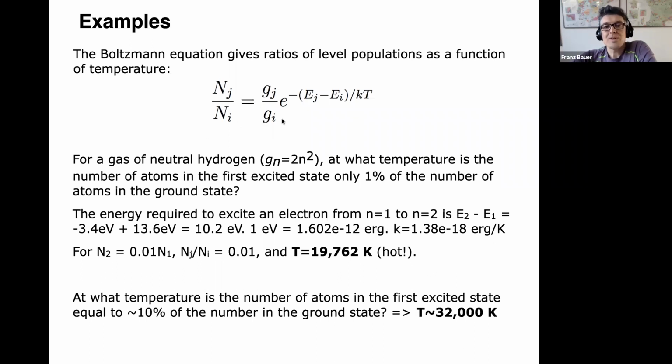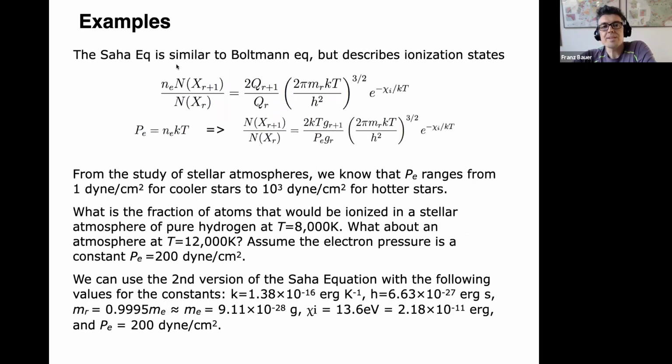Okay, so that's one very simple example of the Boltzmann equation. We could do something similar for the Saha equation, but remember the Saha equation describes ionization states, not level states. So we could think about going from the number of some ionization state, ground state, to an ionization state and the number of electrons.